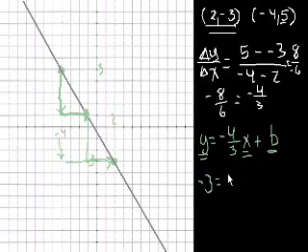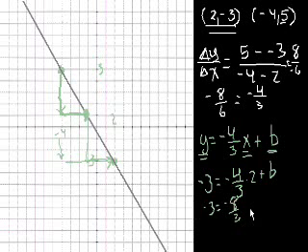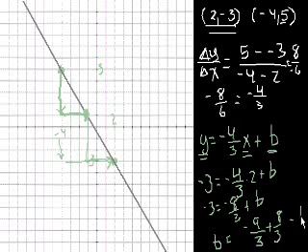Y is negative 3, equals minus 4 over 3 times x, which is 2, plus b. Then we get negative 3 equals negative 8 over 3 plus b, and then b is equal to, well, negative 3 is equal to minus 9 over 3, and I'm just going to put this on the other side, so that's plus 8 over 3, so we get minus 1 over 3 is the y-intercept.